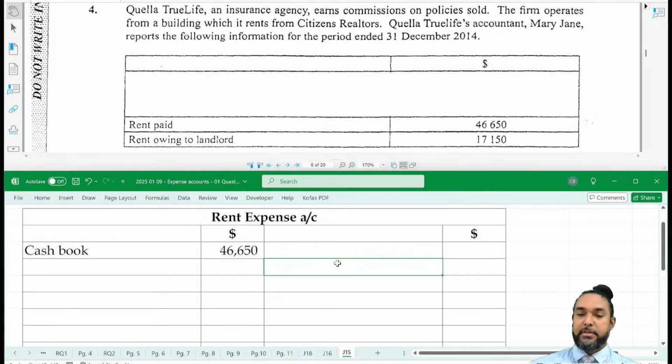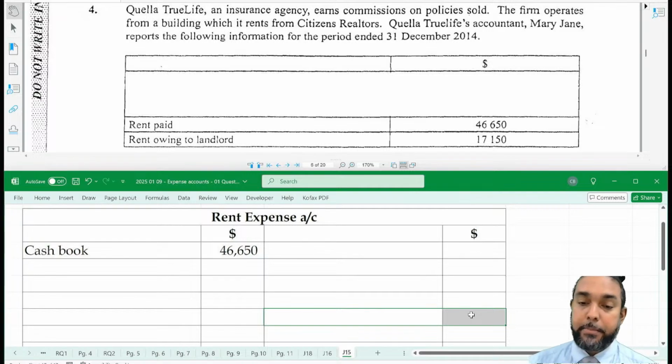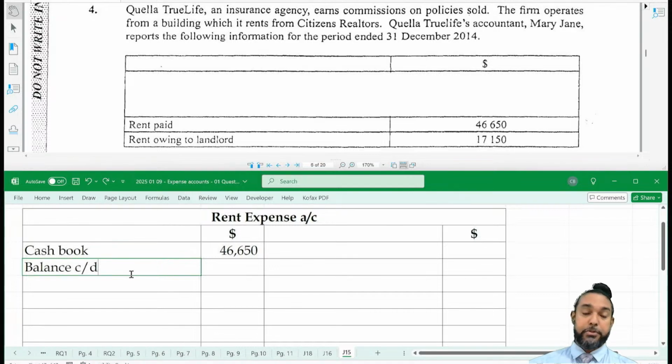And current liabilities have credit balances at end, brought down on the credit side of the account. But before you can be brought down on the credit side, you have to be carried down from the debit side, right? So this will be the balance carried down. So you could put balance carried down, or you could put accrued balance carried down. You could put accrued rent at end. Anything like that is perfectly fine. There's no one right phrasing you have to put, right?